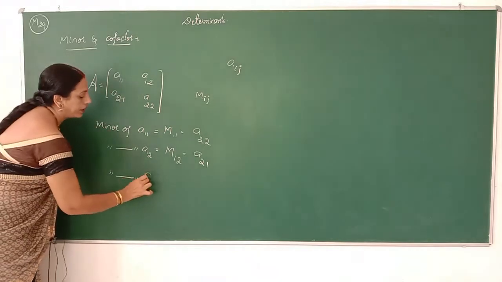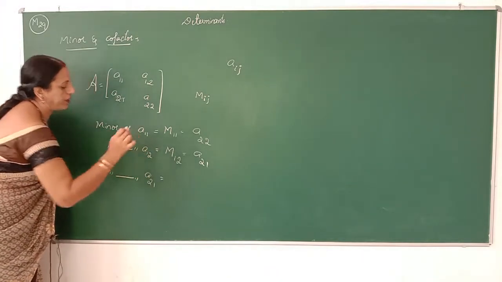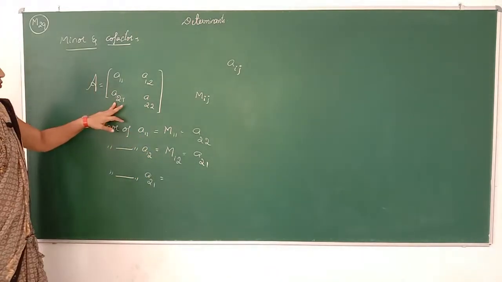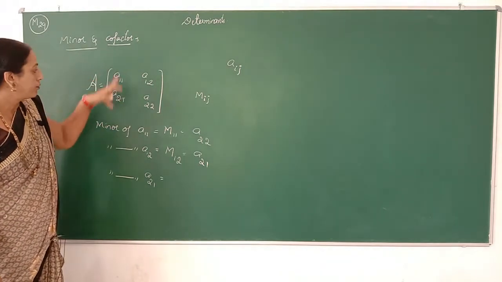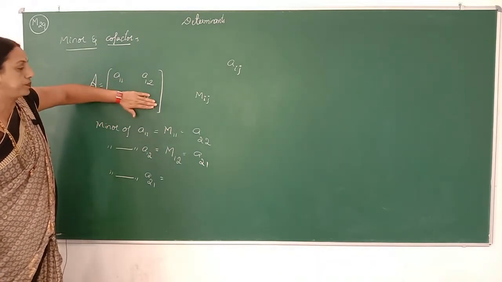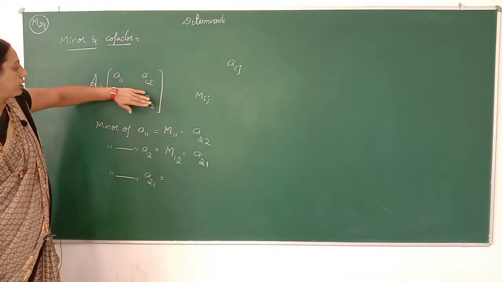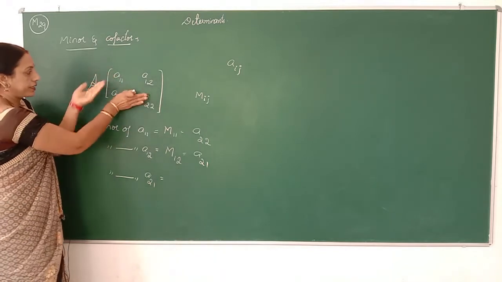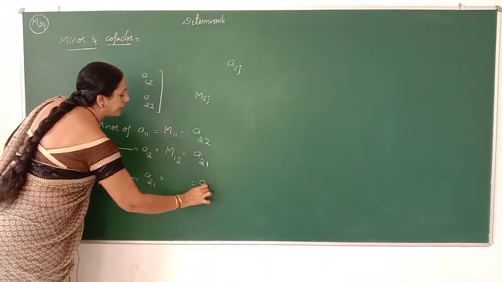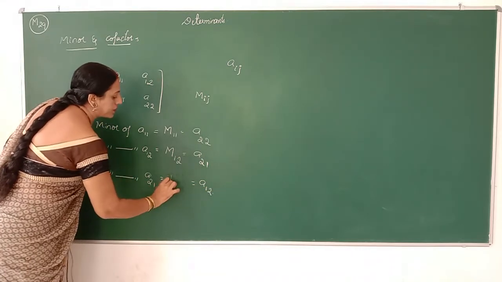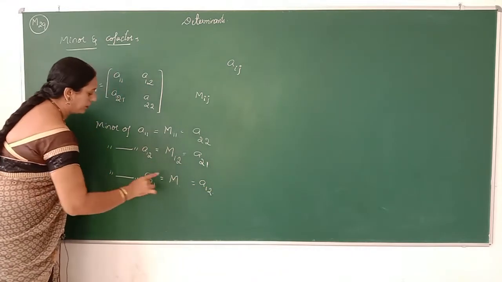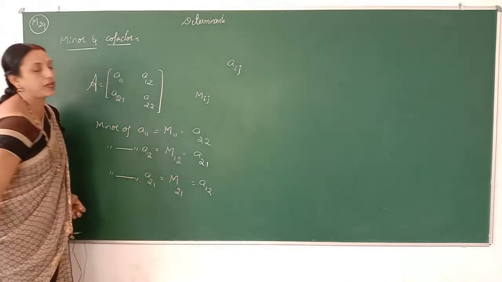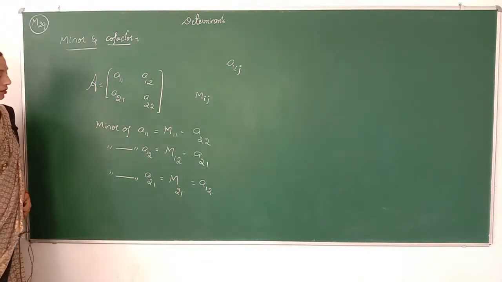The minor of A21: A21 is an element of the second row, first column, and these are neglected and the remaining element is A12, denoted by M21.